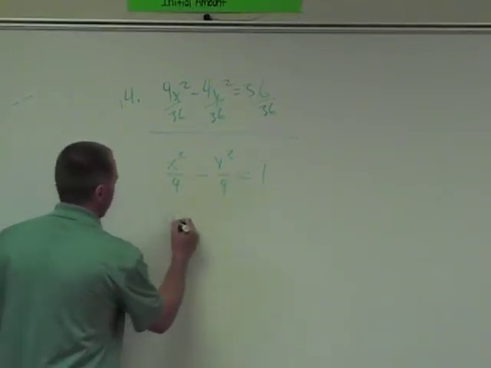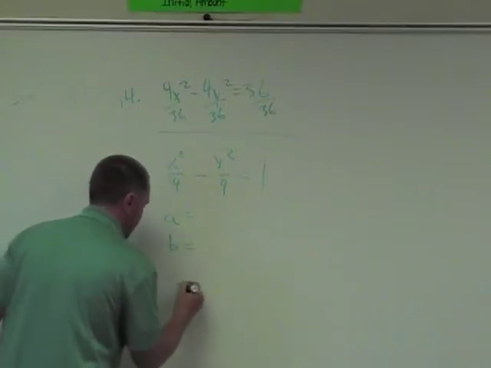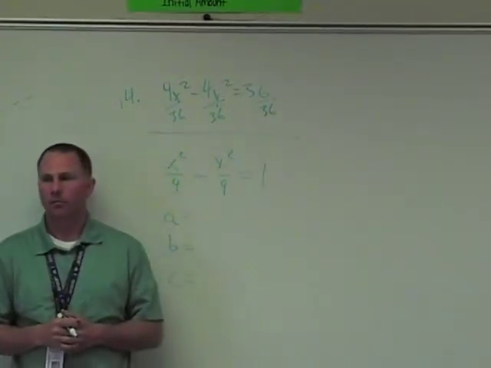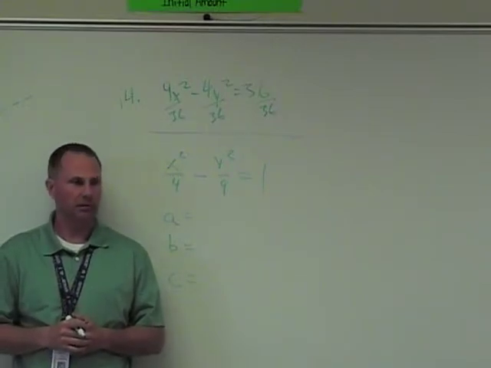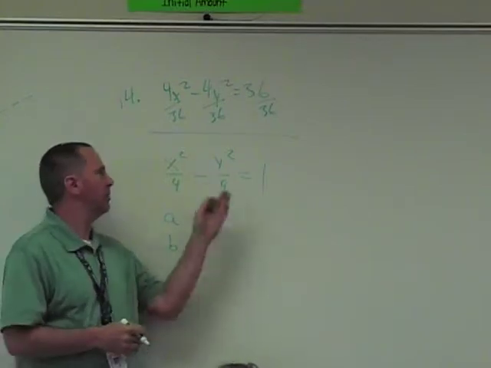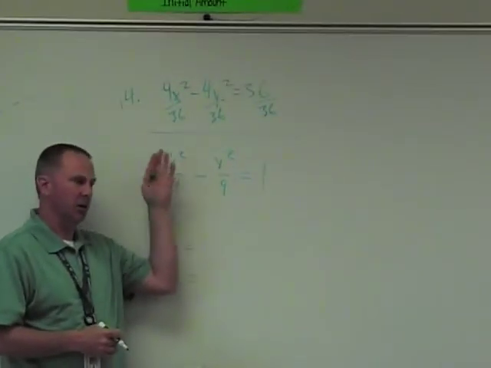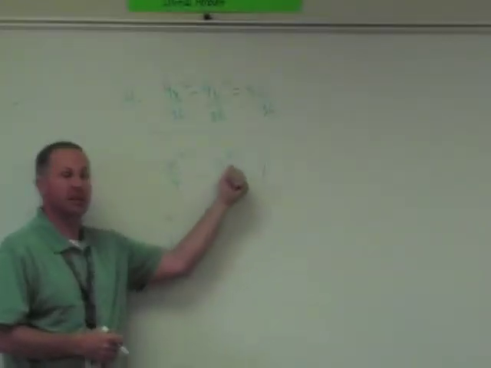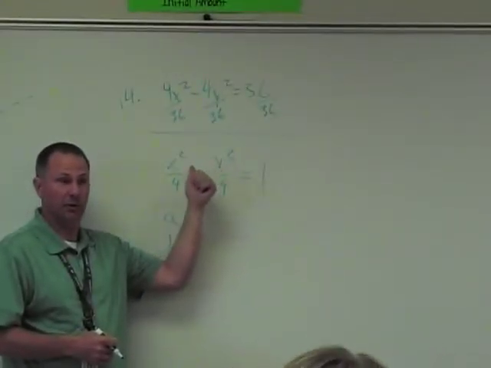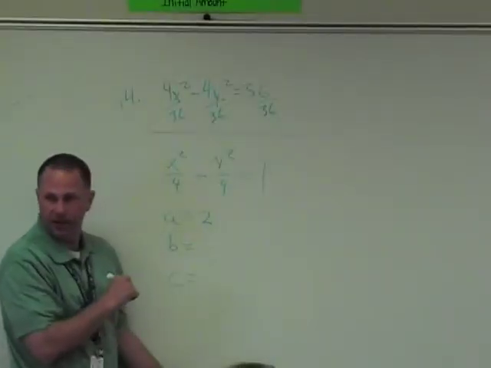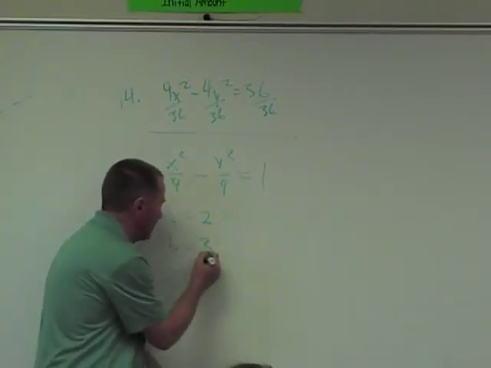So we need to find A, B, and C. Where is A located? Always in the positive squared term. Always make sure your positive squared term is first. So some of these you're going to have y squared minus x squared. That will be a vertical. Alright, so A squared is 4, so A must be 2. B squared is 9, so B is 3.